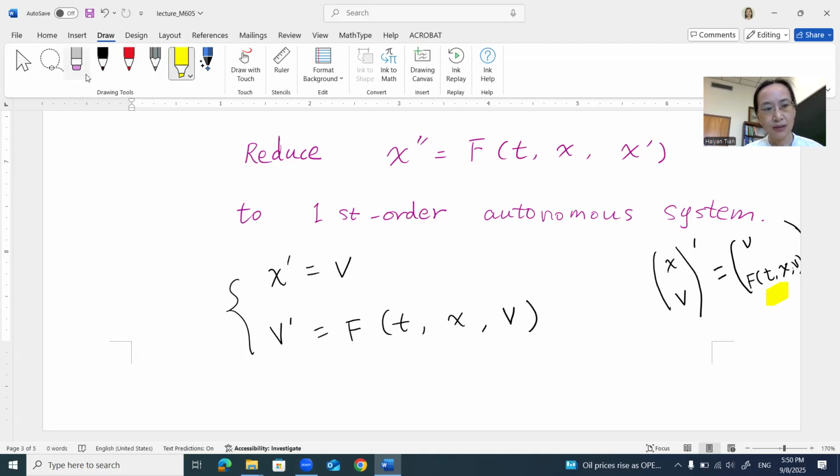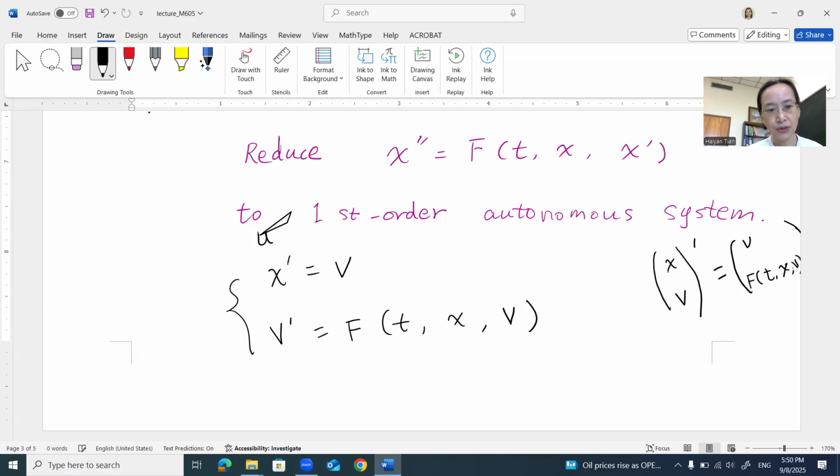So we want to make it disappear. And so how? Let's just simply define a function. Suppose we call a function u, which is t. So I want to replace the t with a u.